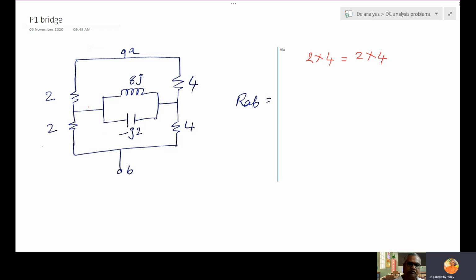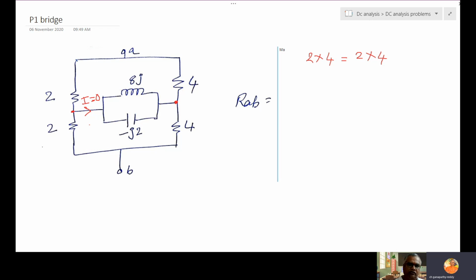When the bridge is balanced, what is the current here? The current here will be 0. So the voltage at this node is equal, not same, equal. Here if it is 5 volts, here also 5 volts. This 5 is some other value. So the potential difference is 0, therefore the current is 0.